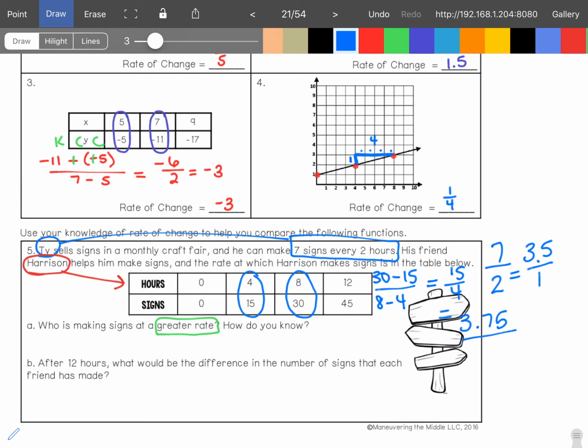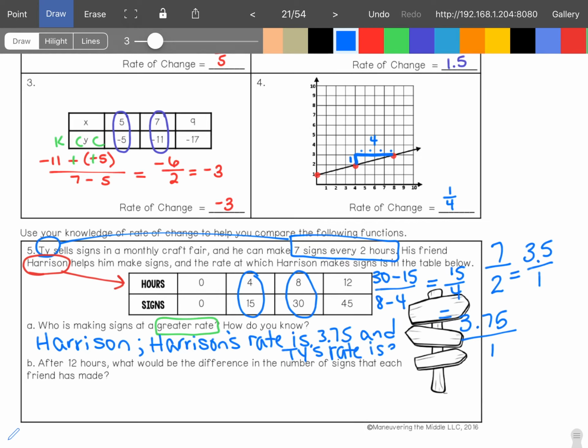So he can make 3.75 signs in an hour, which means that Harrison is making signs at a greater rate. And we could write Harrison's rate is 3.75, and I'm running out of room, sorry. Ty's rate is 3.5.